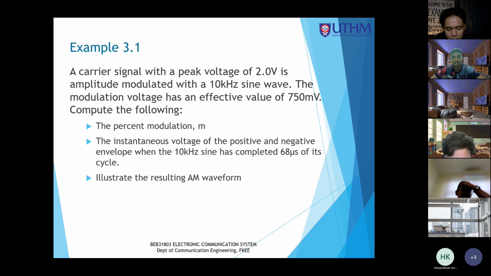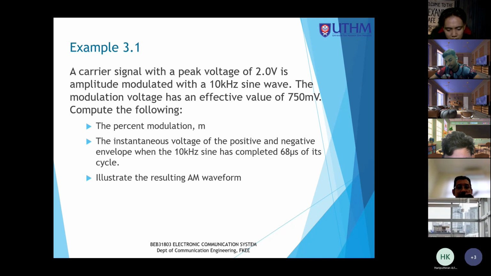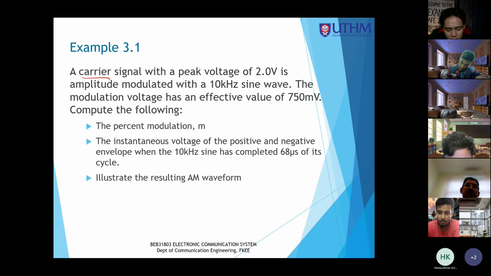So kalau kita tengok example ni mungkin kita boleh lebih faham, we can have more understanding about this. So you see that a carrier signal with a peak voltage of, so dikatakan carrier signal dengan peak voltage. So automatically I know that this is VC, okay, is amplitude modulated.